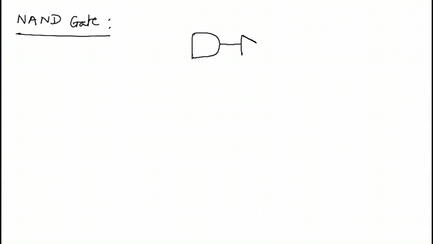Our next logic gate is called a NAND gate, and a NAND gate is actually an AND gate which is followed by a NOT gate, like that.